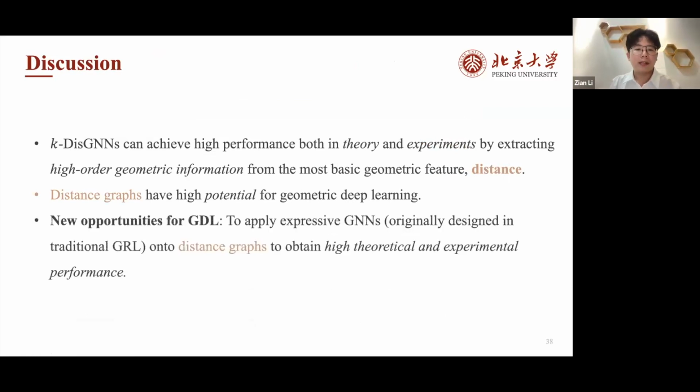And we created new opportunities for geometric deep learning, which is that we can apply expressive GNNs, which were originally designed in traditional GRL, onto distance graphs, and we can obtain very high theoretical and experimental performance.